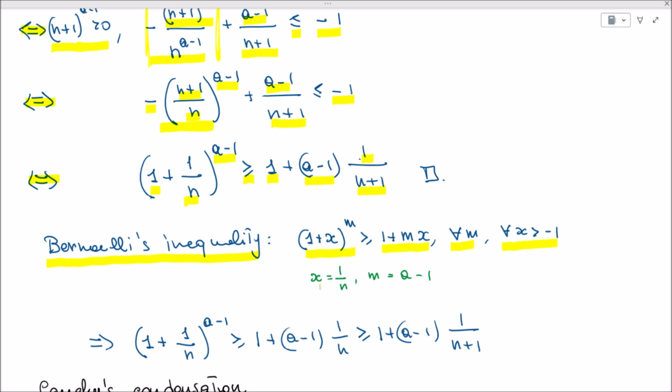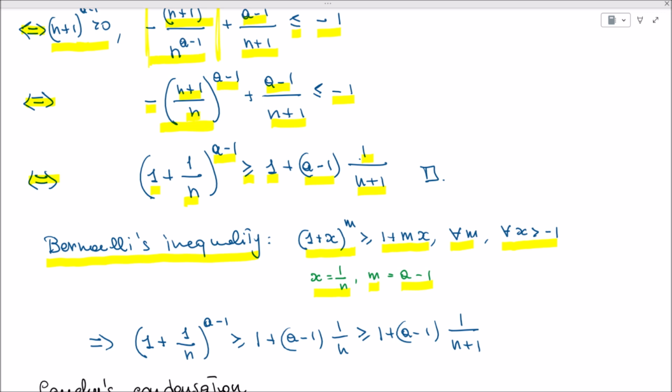So we can just replace x with 1 over n and m with a minus 1. And of course, because a is larger than 1, at this point we know that m is going to be positive.